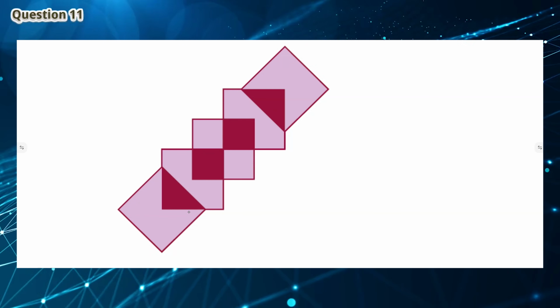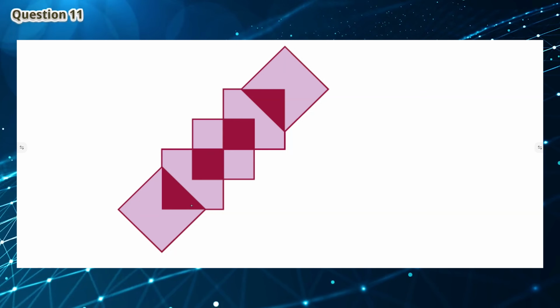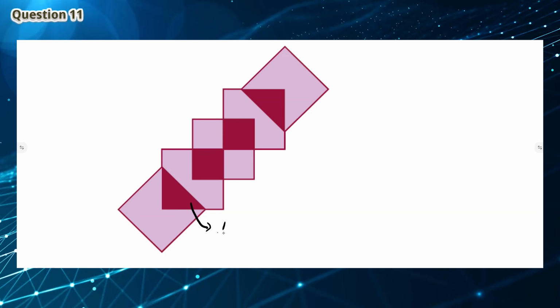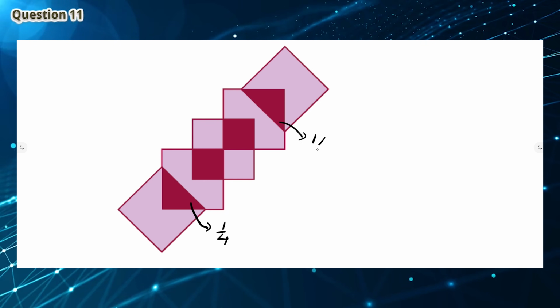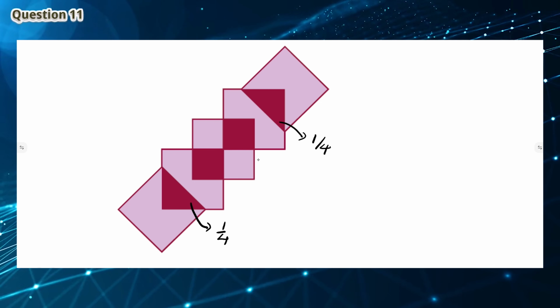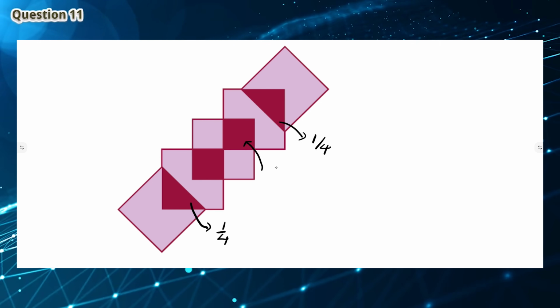Each of the 5 squares has an area of 100 centimeters squared. The triangular shaded area is 1/4 of a square, and the smaller square shaded area is also 1/4 of a square.